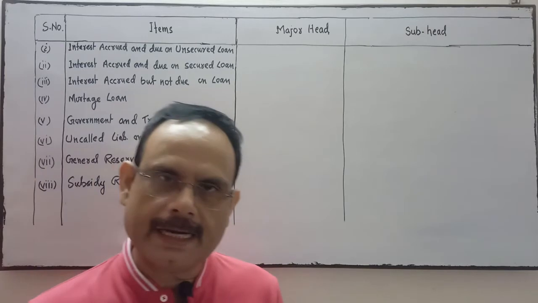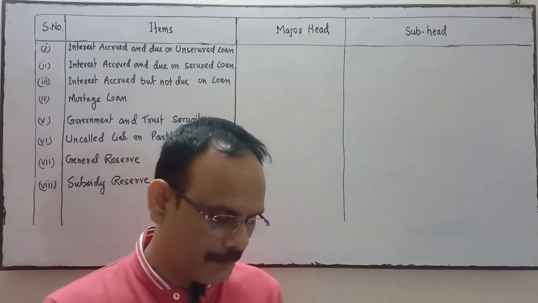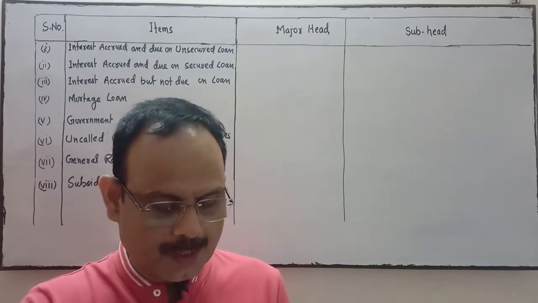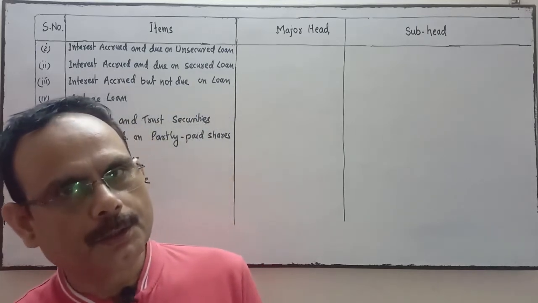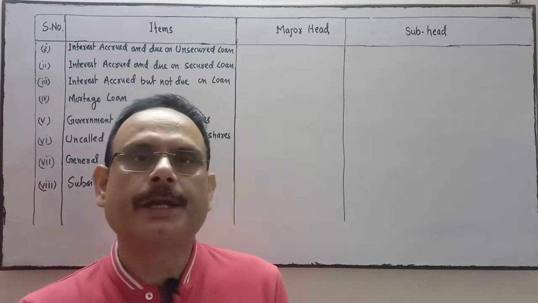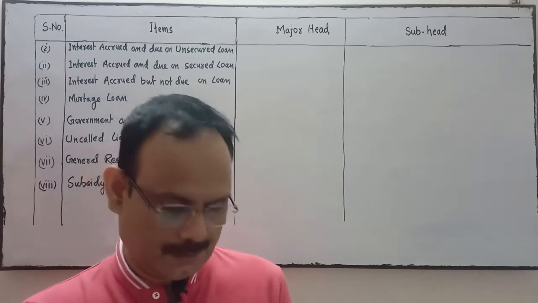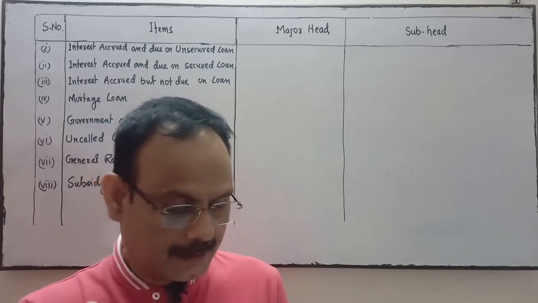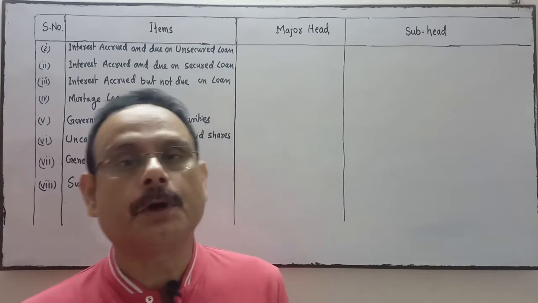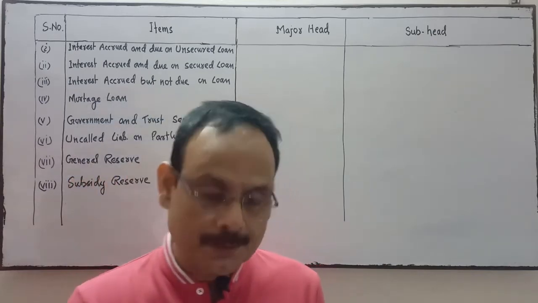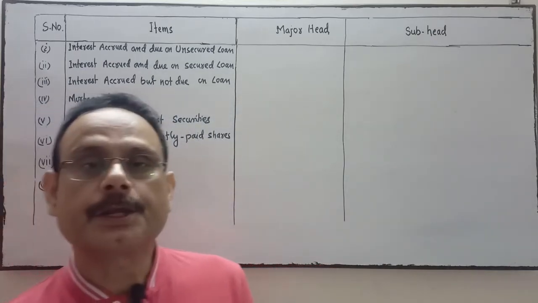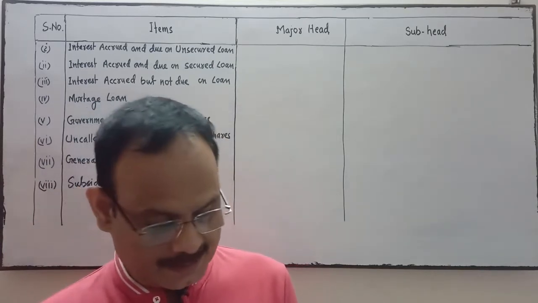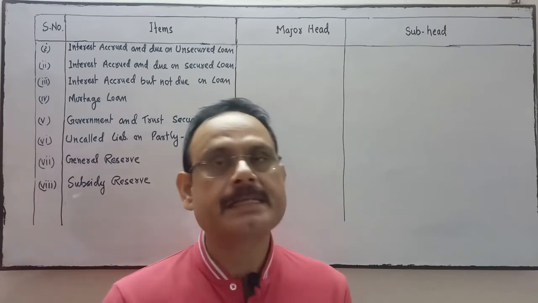Number 1 is interest accrued and due on unsecured loan. Second is interest accrued and due on secured loan. Third is interest accrued but not due on loan.